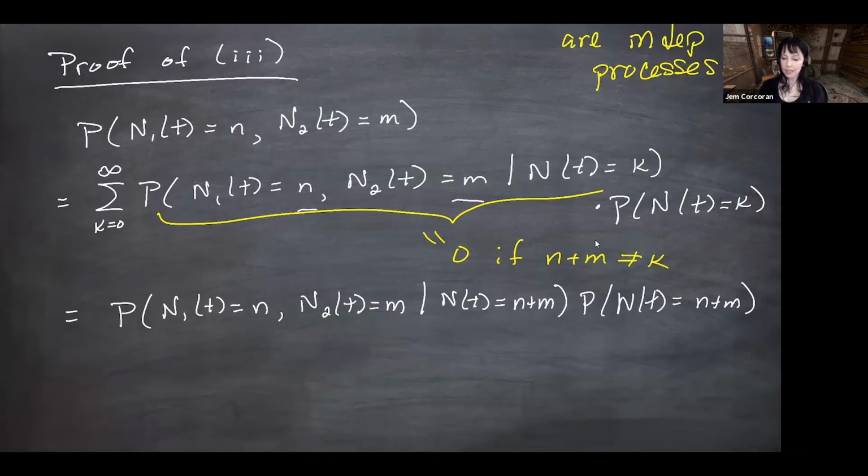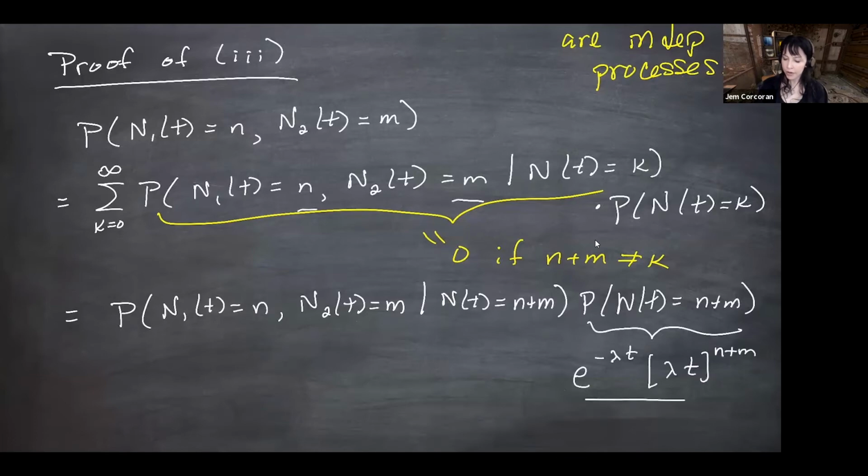Okay, this last probability here I know because N(t) is a Poisson process with rate lambda. So this is e to the minus lambda t, times lambda t to the n plus m over n plus m factorial.